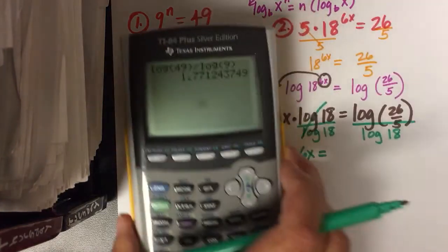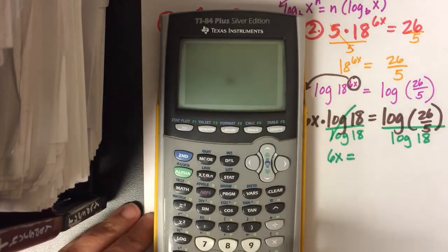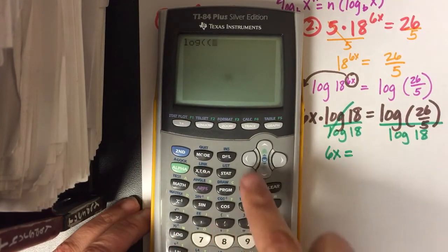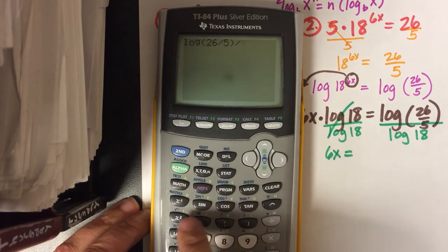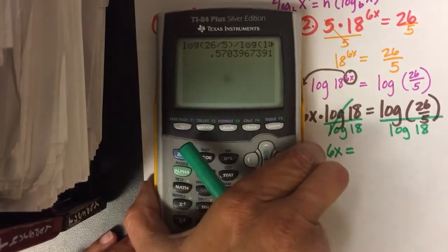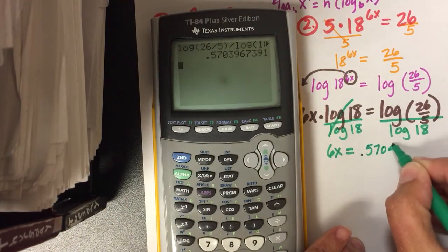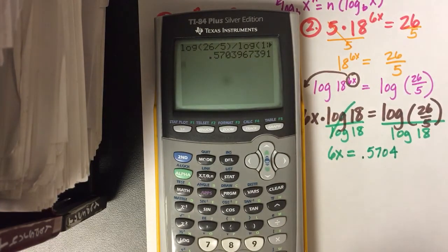We'll do log of 26 divided by 5, divided by log of 18, and you get 0.5704. Because remember, we're rounding this to the nearest 10,000th, the 4th decimal place.